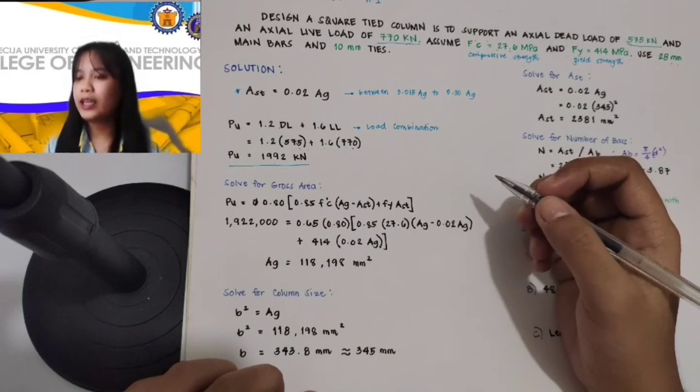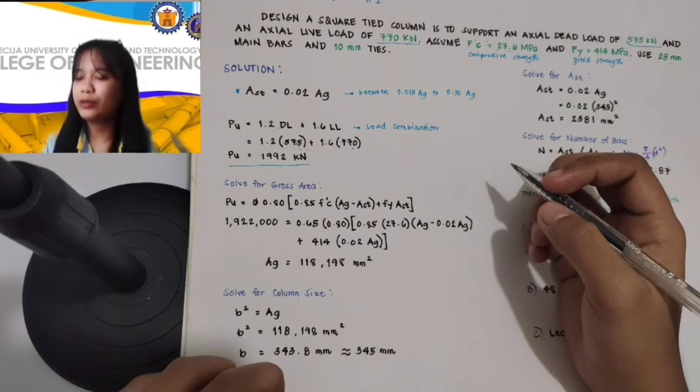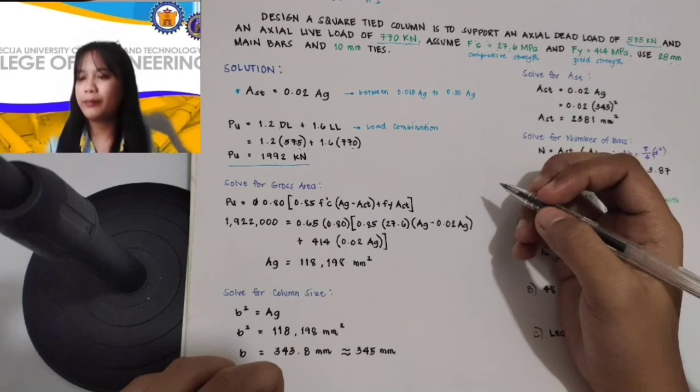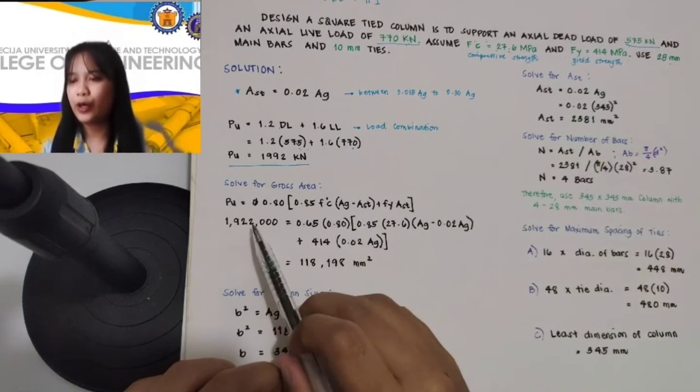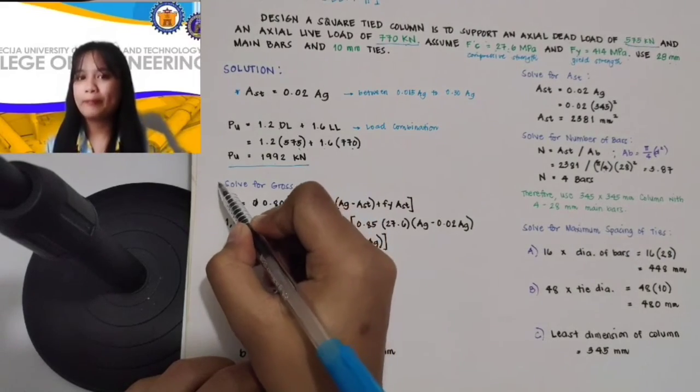Then, once we have the value of the axial load, we proceed to getting our Ag, or the gross area.